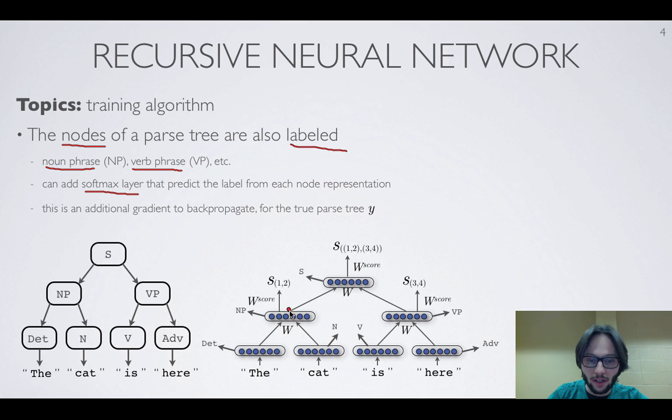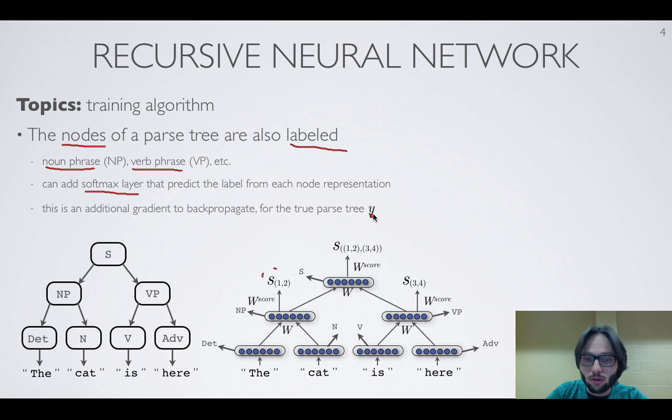So instead of having just a score outputted from each vector representation, we'd also have other parameters of the neural network that would try to predict the distribution over the label at that node. And then we could use the negative log likelihood of the true label as a gradient, which could then be backpropagated through the whole network.